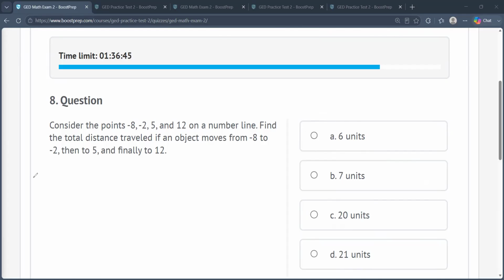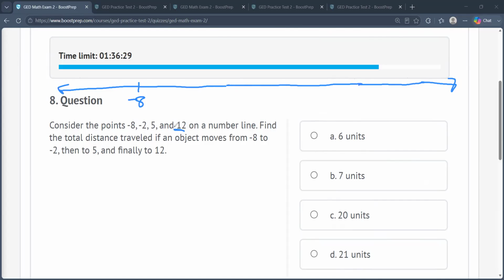So there are two ways you could do this. You could literally draw a number line if you really wanted to. So let's see, our smallest number is -8. And then where have we stopped? Our largest number is 12. So you could just count how many total places from here to here.